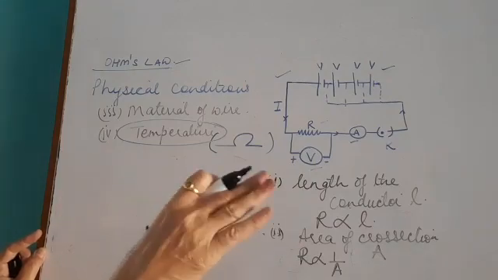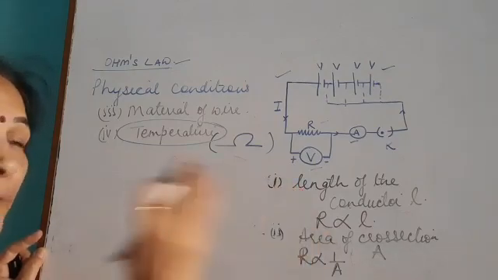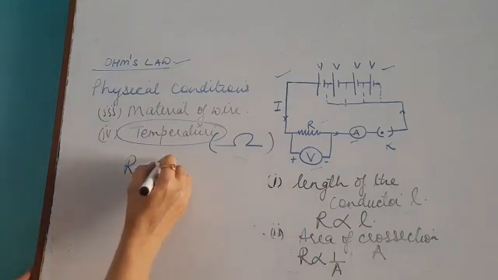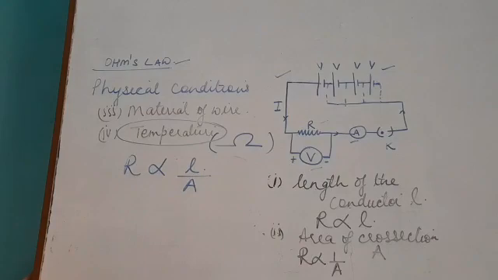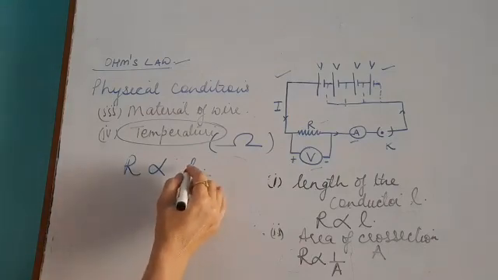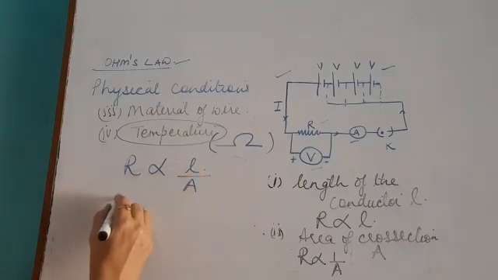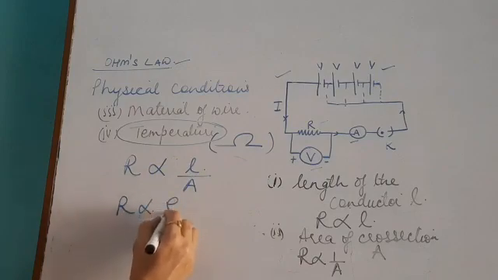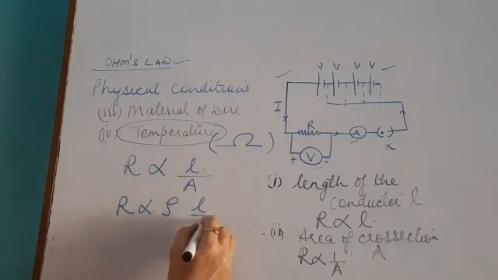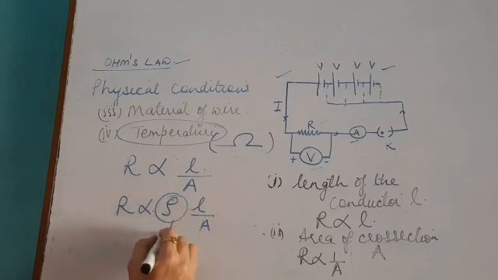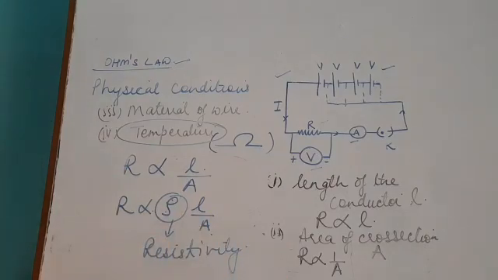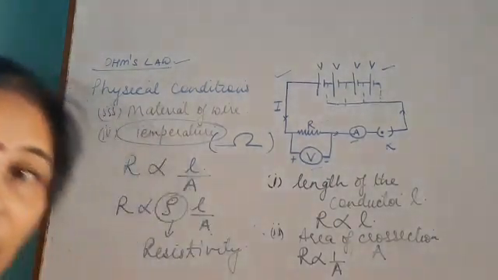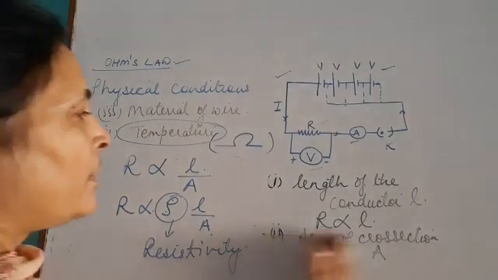So physical conditions remaining same, at a given temperature R is proportional to L upon A. Again a constant rho will appear. This is a new constant known as resistivity.